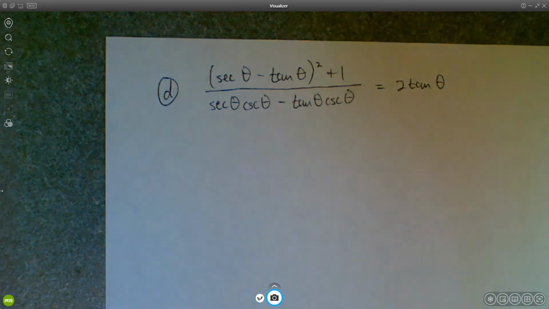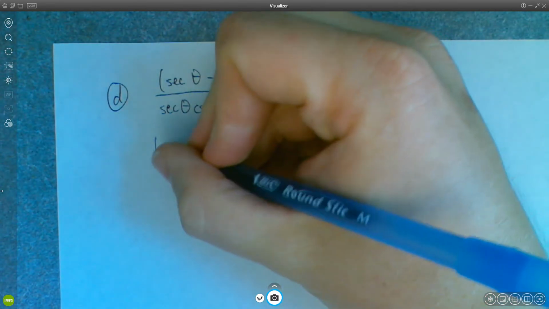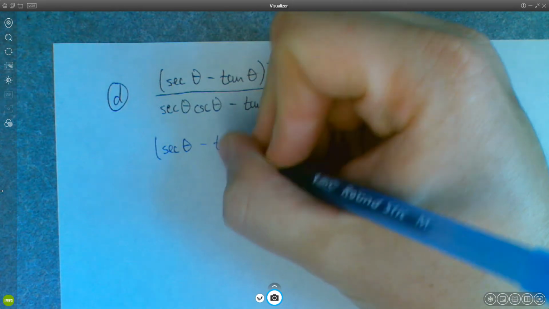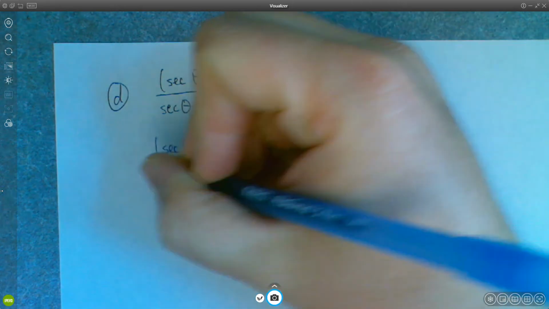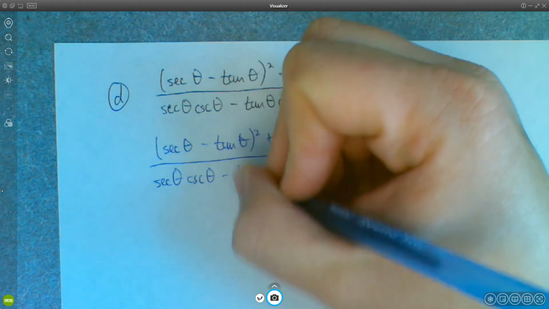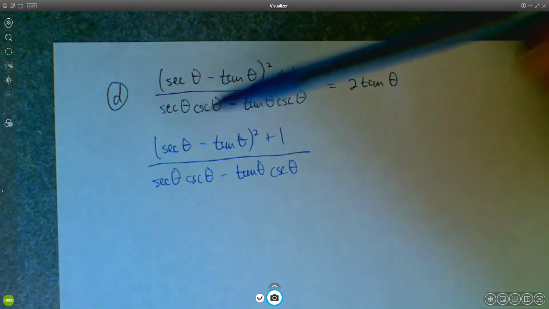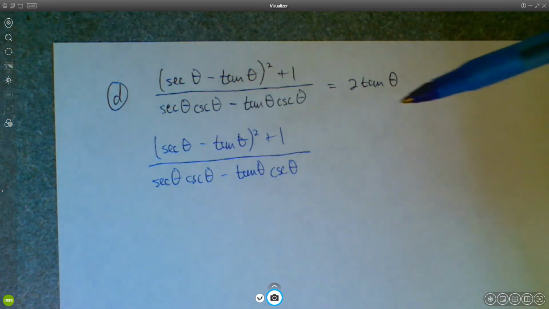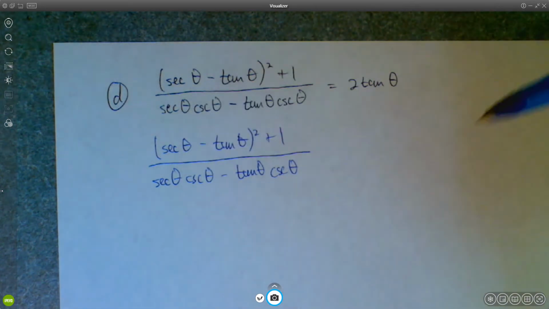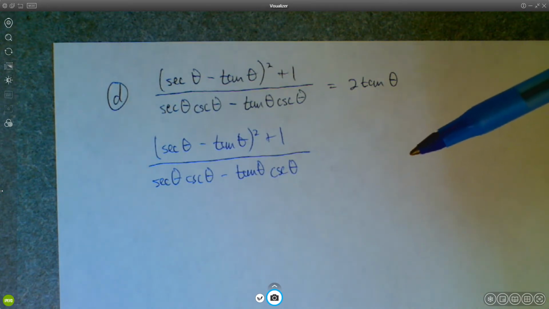Okay, so here we go. I'm definitely going to start on the left hand side. Let me rewrite it real quick. So secant theta minus tangent theta squared plus 1 over secant theta cosecant theta minus tangent theta cosecant theta. Okay, so looking at the secant theta minus tangent theta squared, that's really close to a Pythagorean identity. The way that it's listed on your formula sheet is tangent squared theta plus 1 equals secant squared theta.